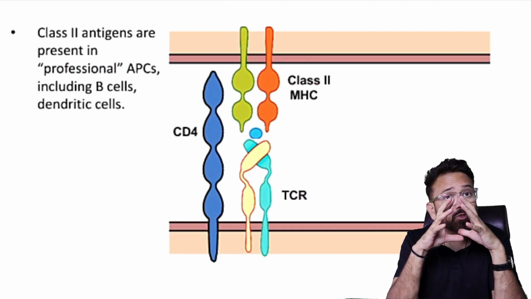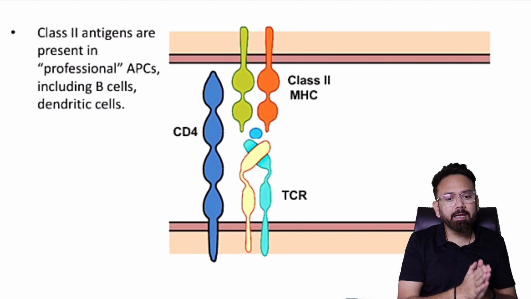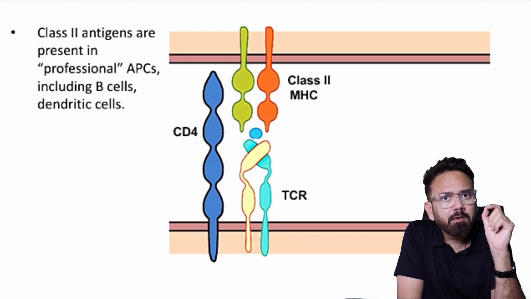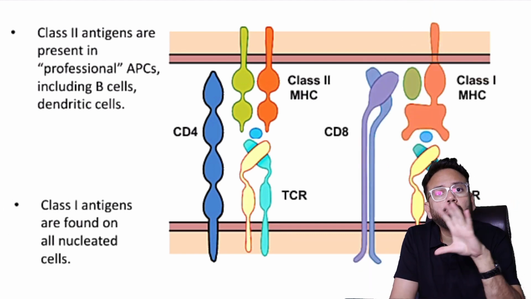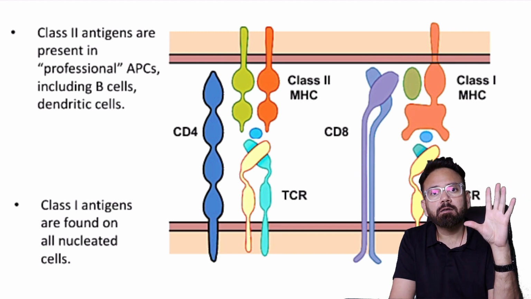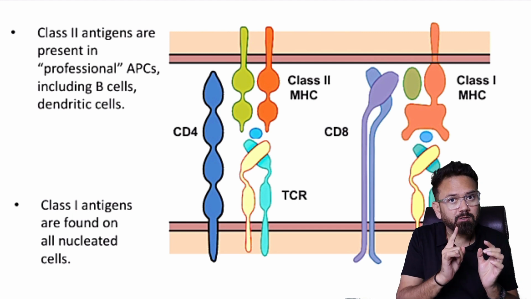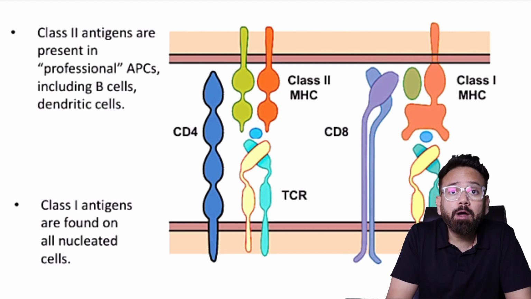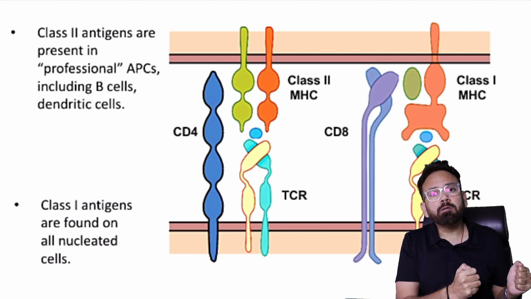Now, class 1 antigen and class 2 antigen. Class 2 antigens are present in professional antigen presenting cells, including B cells and dendritic cells. And class 1 antigens are found on all nucleated cells. Class 2 antigens are present only on professional antigen presenting cells.